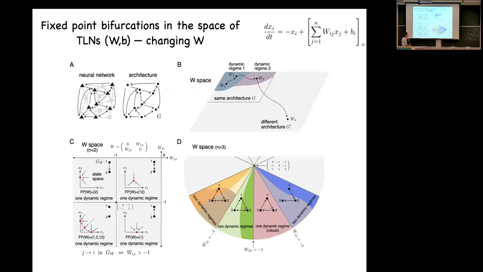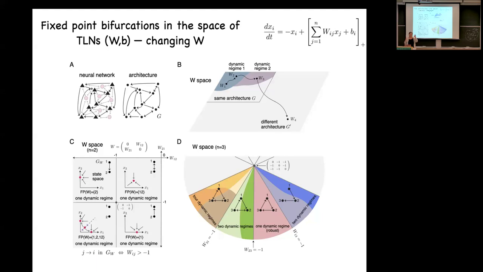Okay, so what did we do? We wanted to understand the following question. If you fix a graph, and you allow your W matrix to change in a way compatible with that graph. So now my graph is going to dictate which connections are the weak inhibition and which are the strong inhibition.